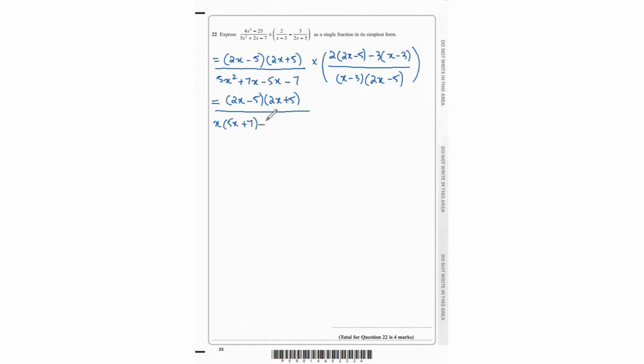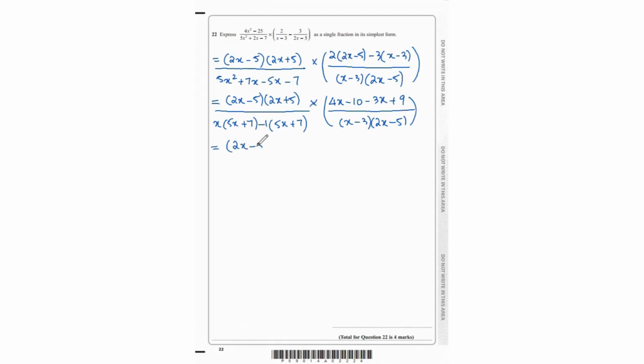In the last two terms we have negative 1 common, (5x + 7), times 4x - 10 minus 3x + 9 over (x - 3)(2x - 5).